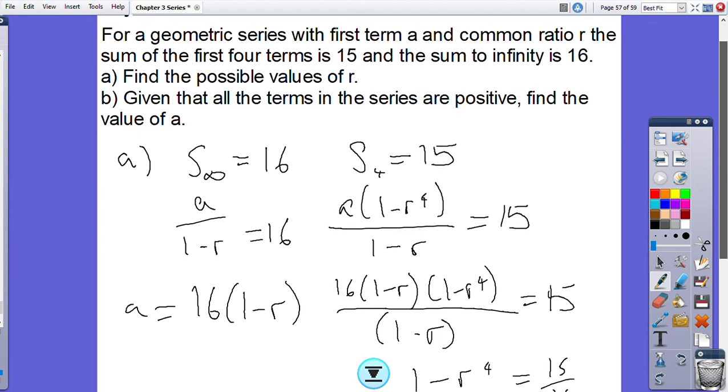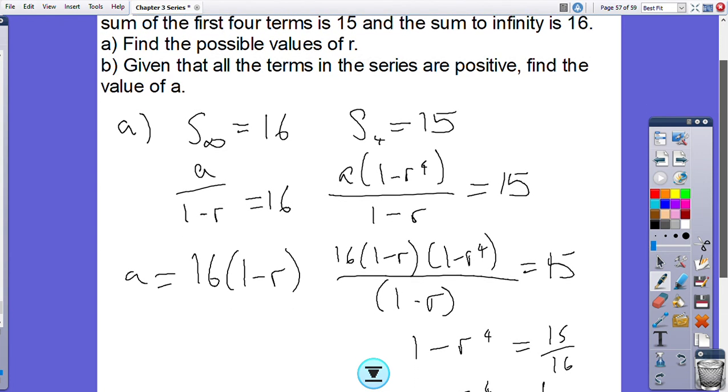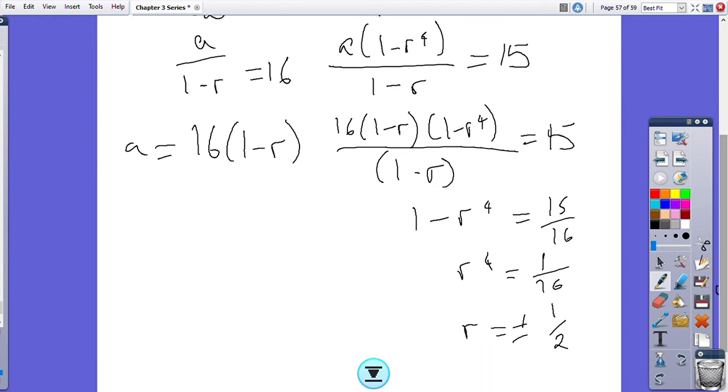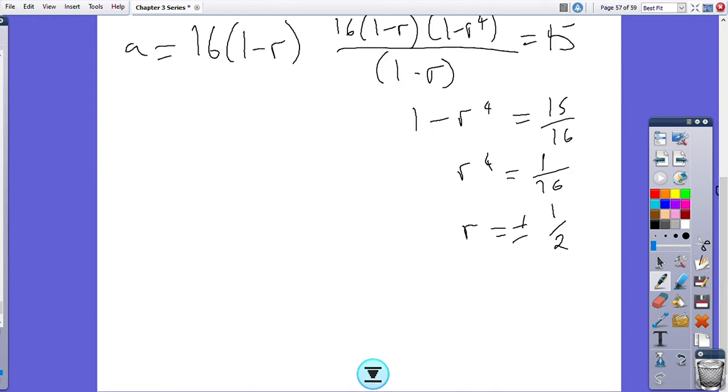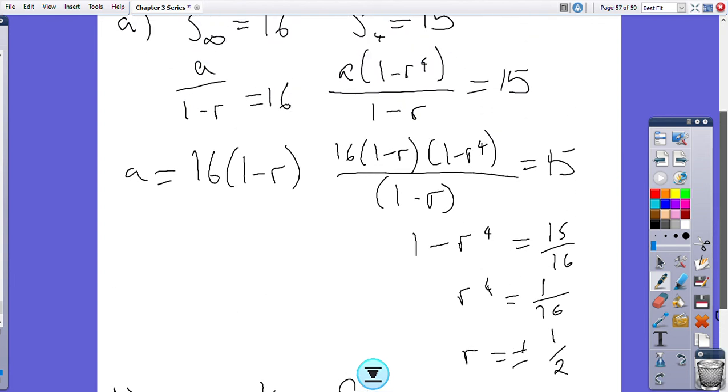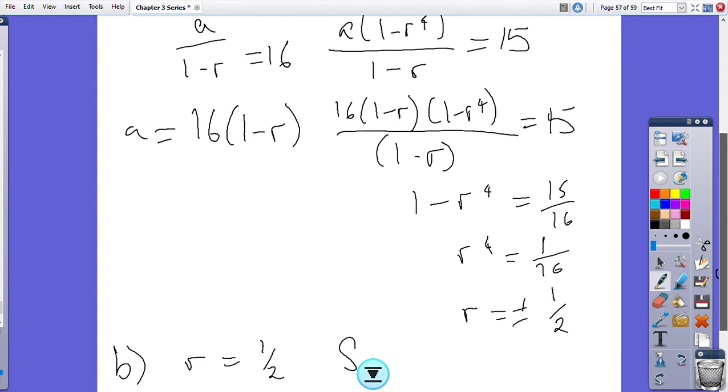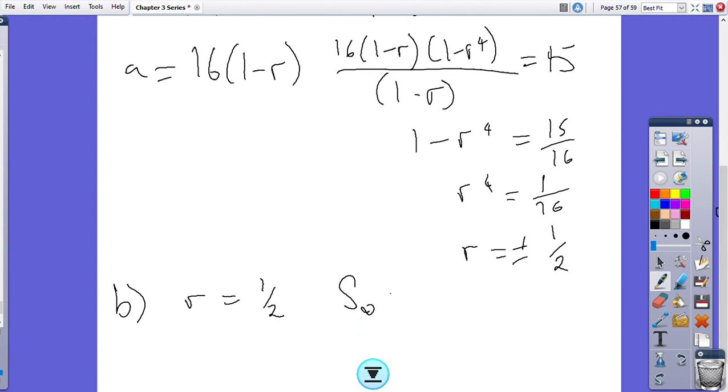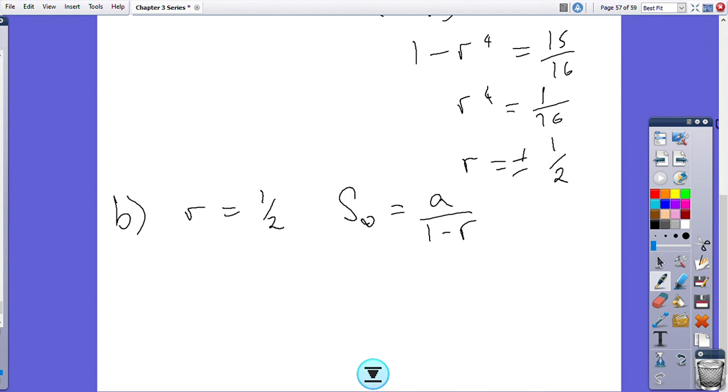Well, if all the terms are positive, you can't have a negative common ratio. So on this, what we're going to say is r must equal a half, and then for the sum to infinity, a over 1 minus r, we said that was 16.